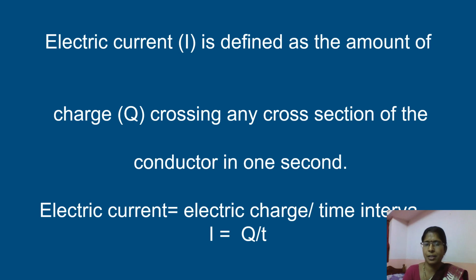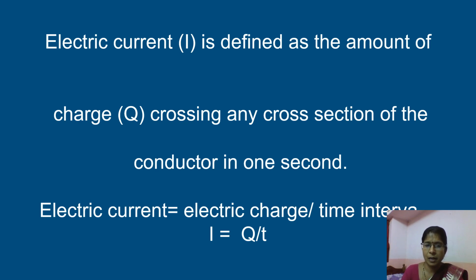This creates current. When the charged particles are moving, the number of charged particles that are moving can be defined as electric current.